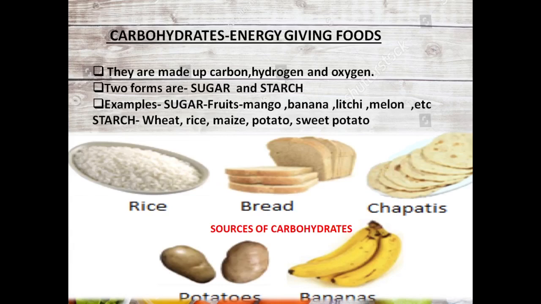Starch is basically a complex form of sugar, which means it consists of more than 200,000 molecules of sugar, glucose. Clear? You can see here the examples: rice, bread, chapati, potato, banana. All these are energy giving foods, which are called carbohydrates.